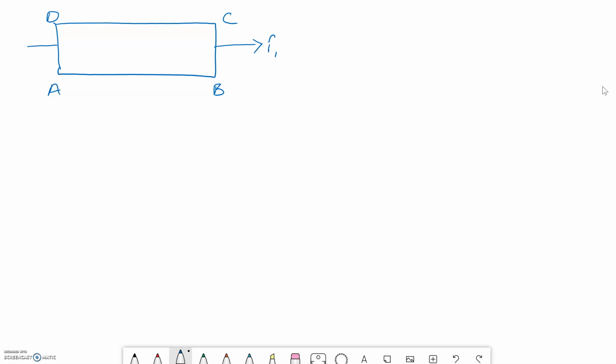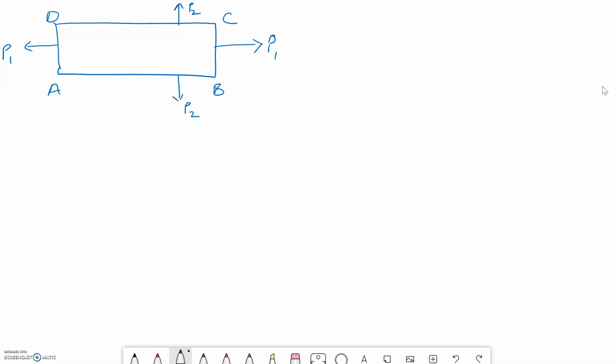Now in this we will consider a member ABCD of unit thickness, and let us assume that there are two loads acting on this. One is P1, which is acting axially, and another one is P2, which is acting perpendicular to this.